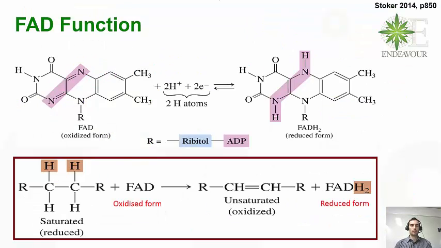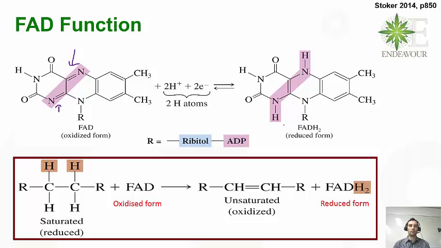Here we can see exactly what happens in this reaction in terms of what modifications there are to the FAD structure. We've got our FAD on the right here, and that form is going to accept two hydrogen atoms. So now instead of having these double bonds, which we see on the left-hand side here, we've broken those double bonds, and instead the nitrogen bonds to an extra hydrogen.